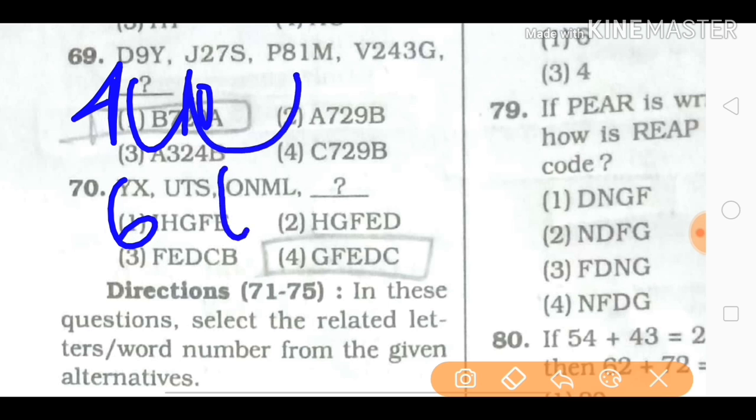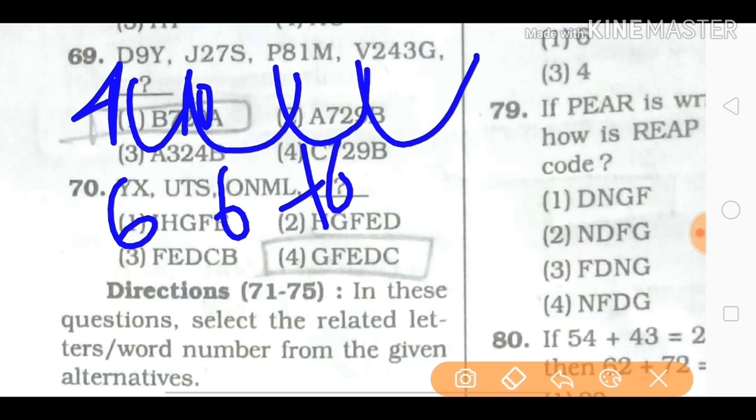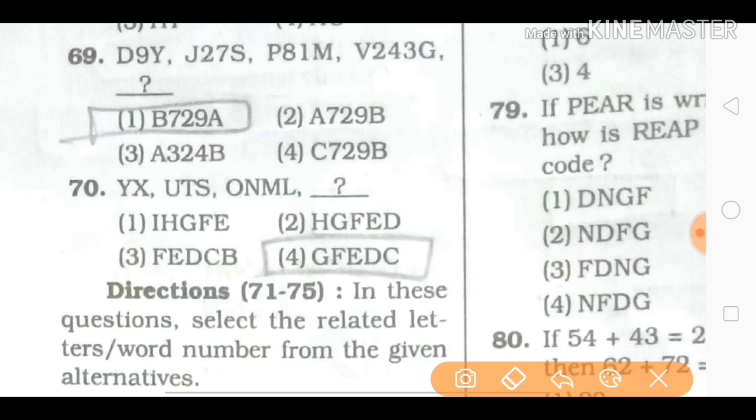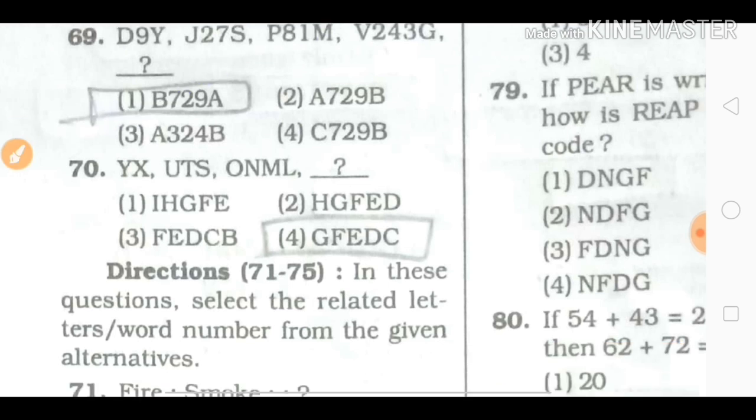P is 16. 16 plus 6 is V. So the next term, 22, right? 22 plus 6 is what? B. This is for sure, and B is only in this, so this is the right answer.